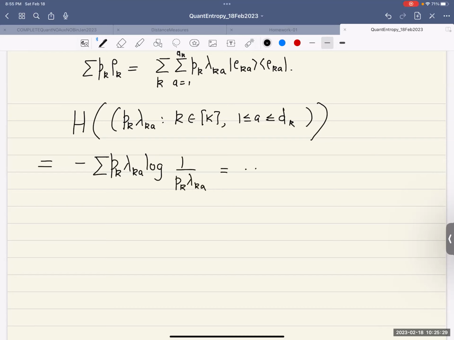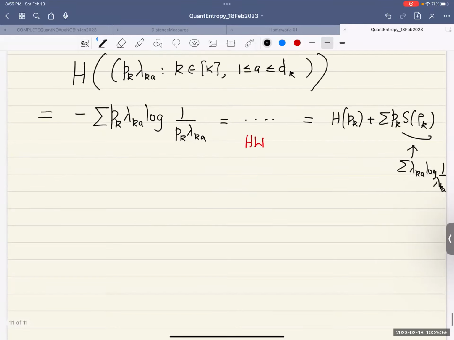Okay, I'm not going to do all this. Just a straightforward calculation. This is homework. And you will just show that it is essentially H of p_k plus summation p_k S of rho_k, because here you are going to get summation lambda_ka log 1 by lambda_ka.